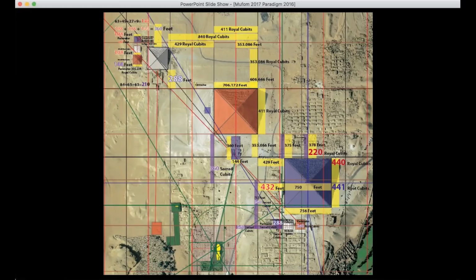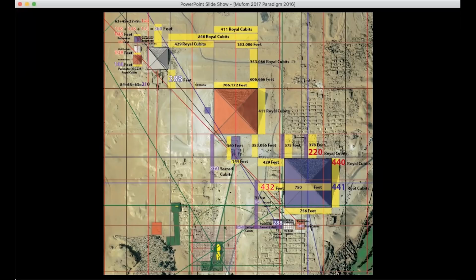But if you were to take one block and turn it, you no longer have this perfect model. Well, these numbers, again, we're not going to get too much into it here tonight, but all these numbers are beautifully harmonious and show how the sacred cubit is created.